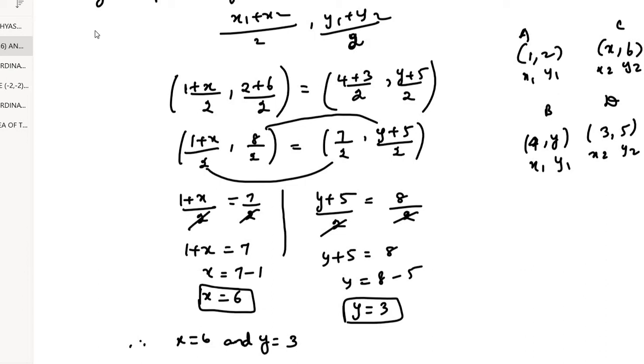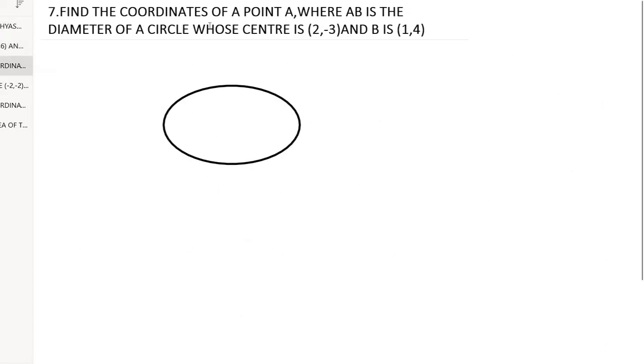Let us do the second sum. Find the coordinates of the point A, where AB is the diameter of a circle whose center is (2, minus 3) and B is (1, 4). See what is given here.